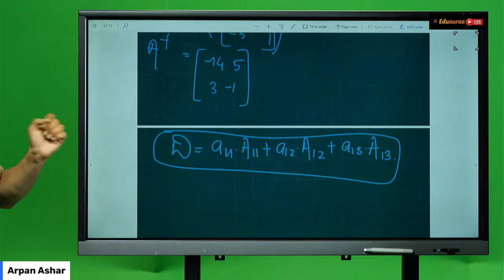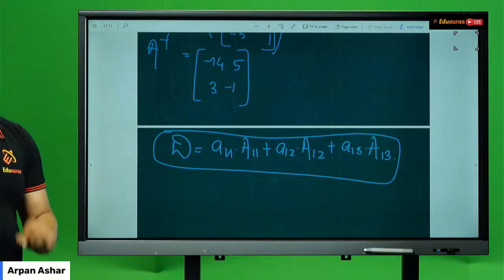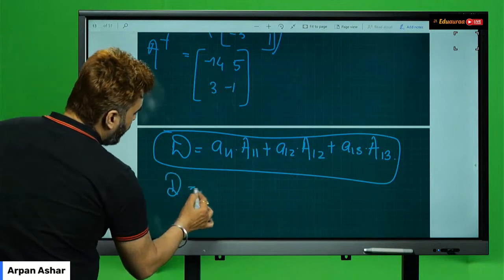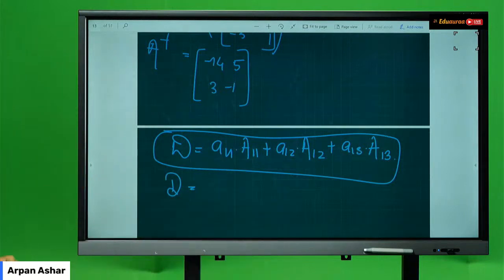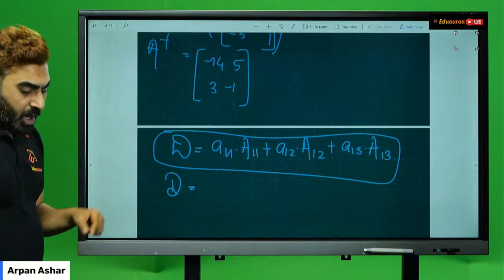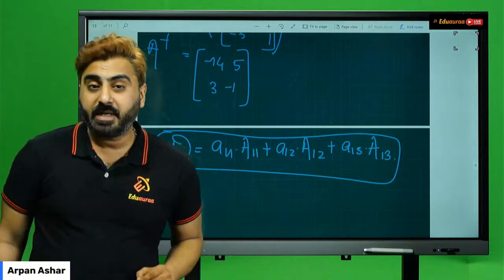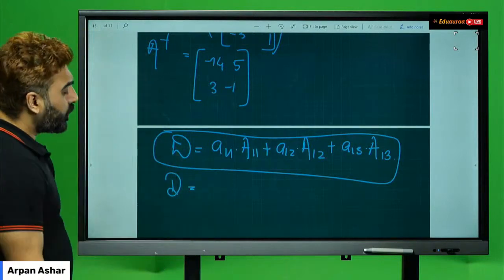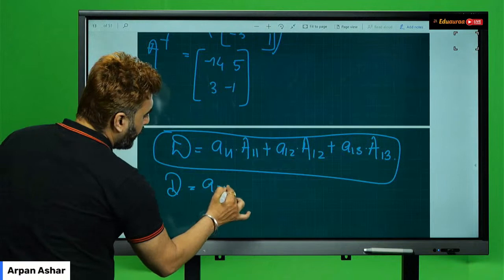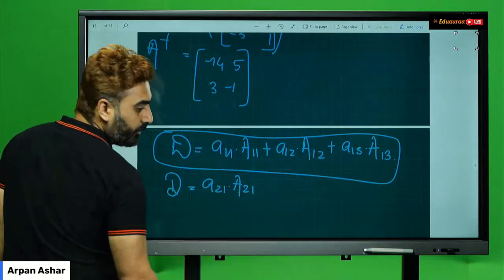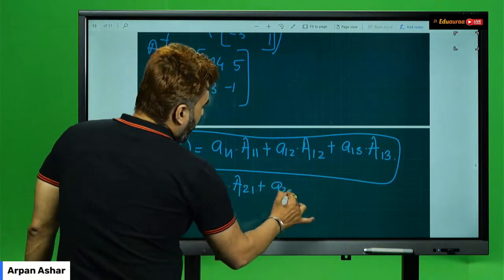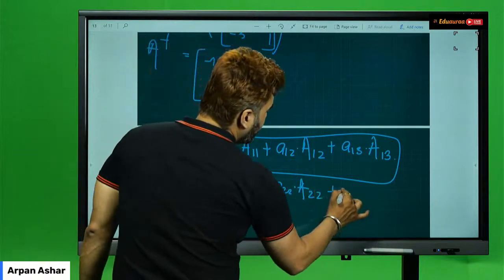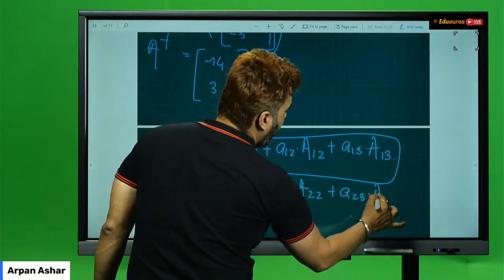Now, suppose the question says find the determinant value along the second row. So if I want to find the determinant value with the help of the second row, how will we find it? First of all, which elements will come in the second row? It will be a21, a22 and a23. Now the formula will become a21 into capital A21 plus a22 into capital A22 plus a23 into capital A23.